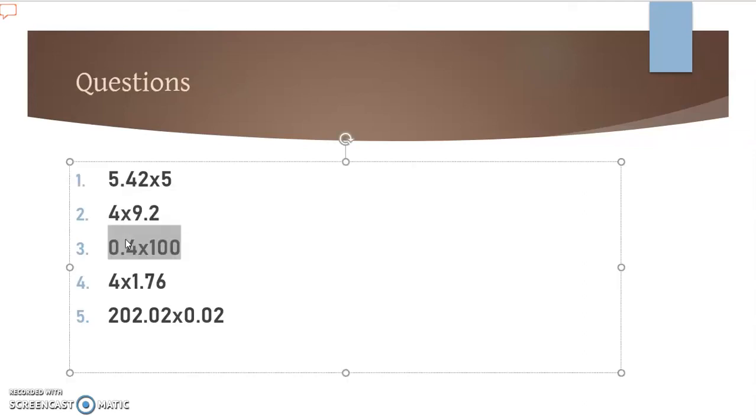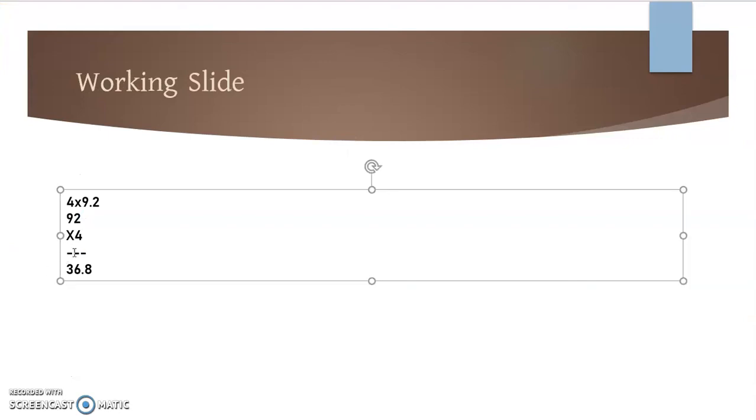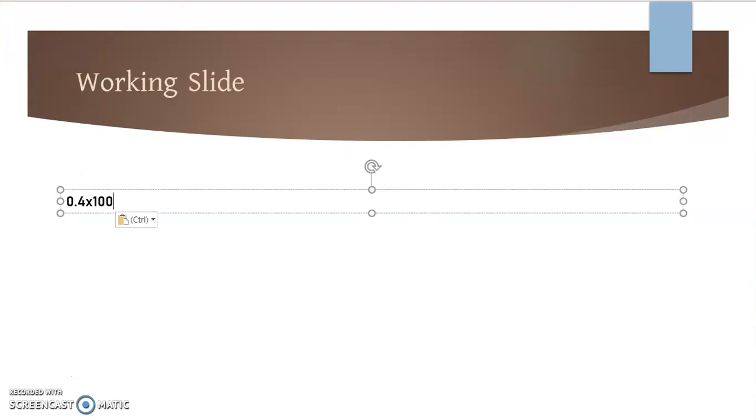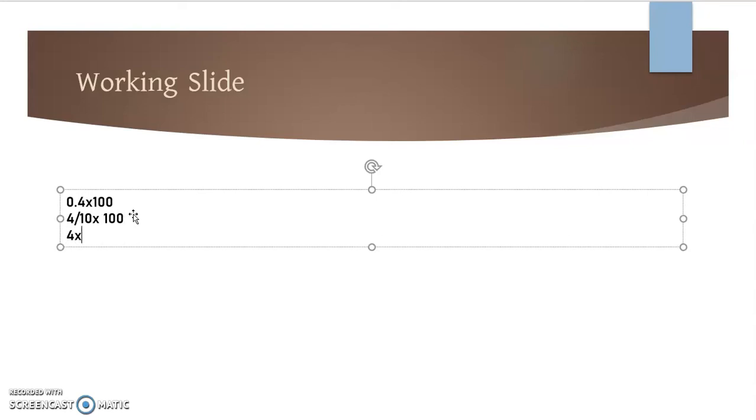Third question is simple, but I'll be doing it for you. This could be done in fractions as well, but we can do it in many ways. We'll try fractions this time. So 0.4 is 4 by 10 into 100. This 10 into 10 is 100, so we can cut here and we'll get 4 into 10. 4 into 10, that is 40.